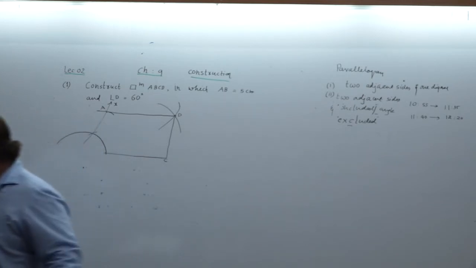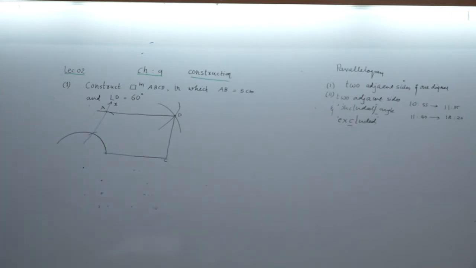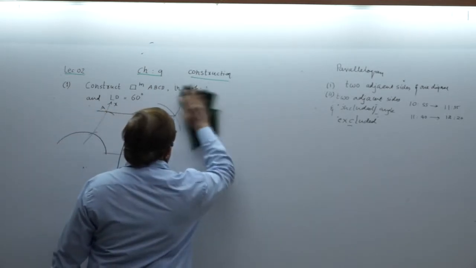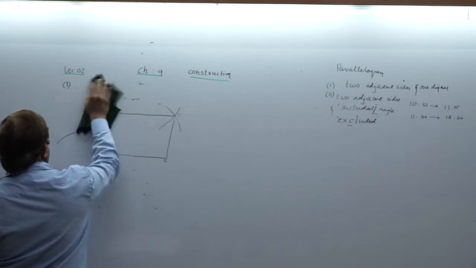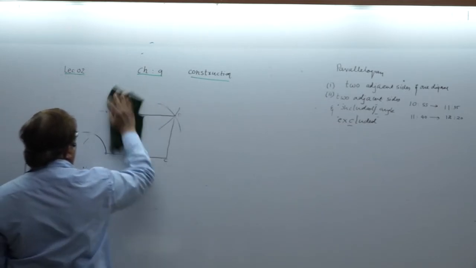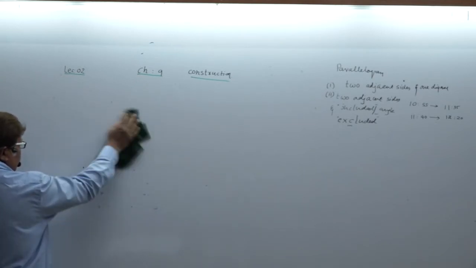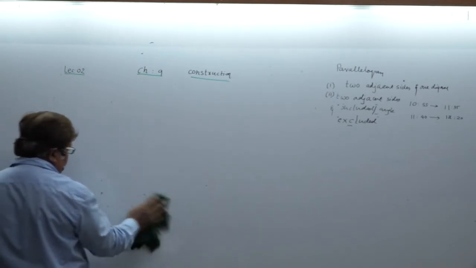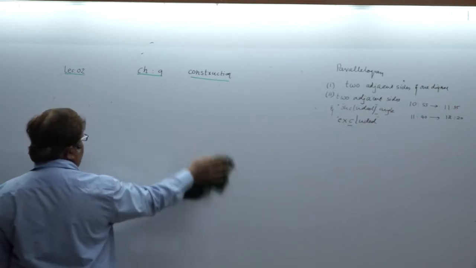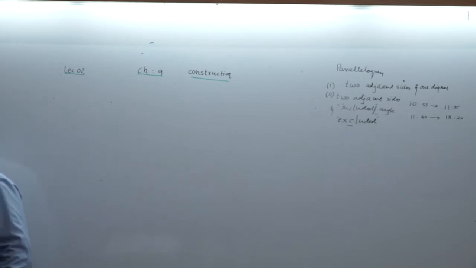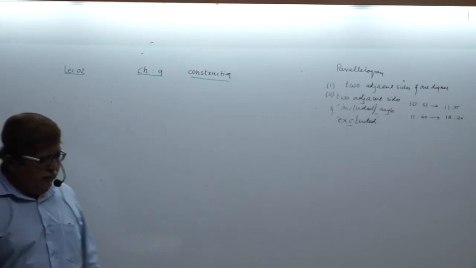We have completed construction of parallelogram under condition number 2, that is when two adjacent sides are given and one angle, either included or it may be excluded, is given.